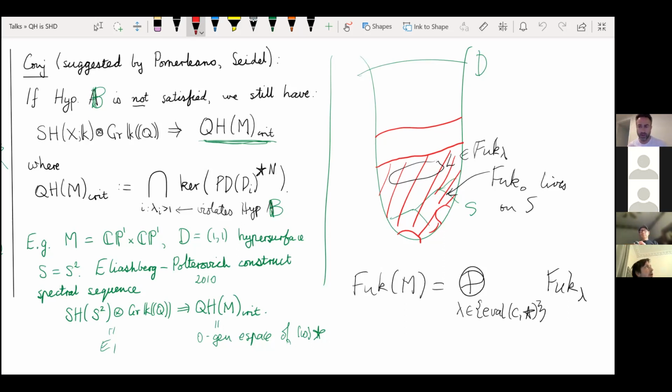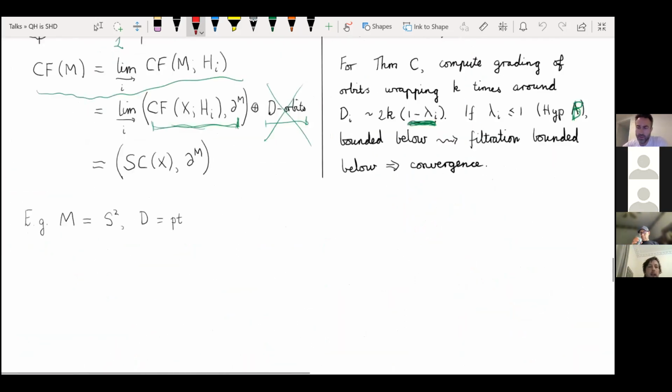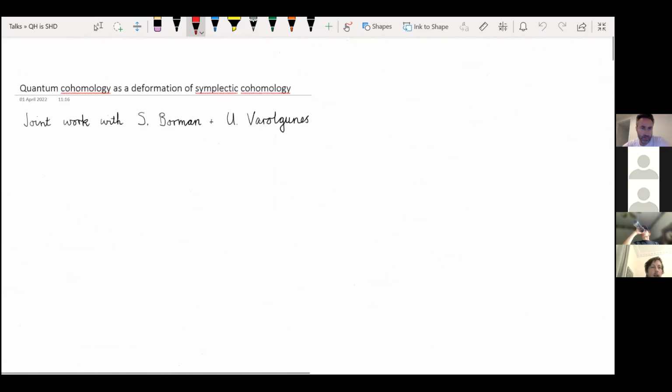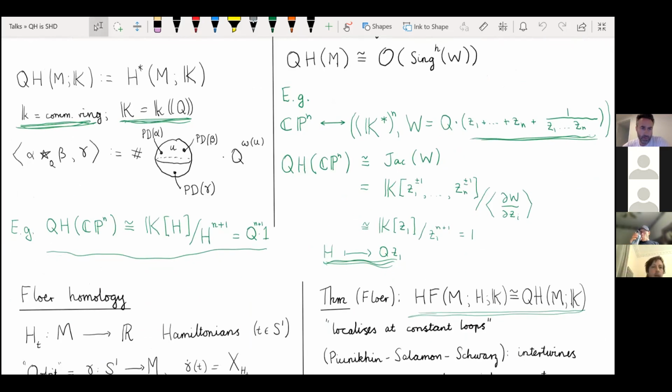Yes, you could replace this coefficient ring. We use this coefficient field throughout.